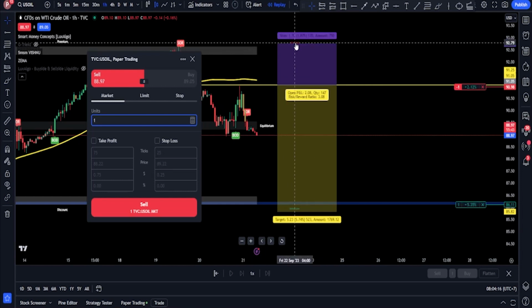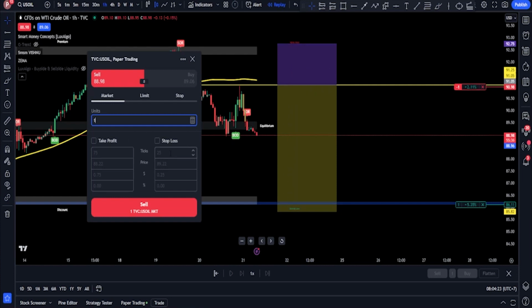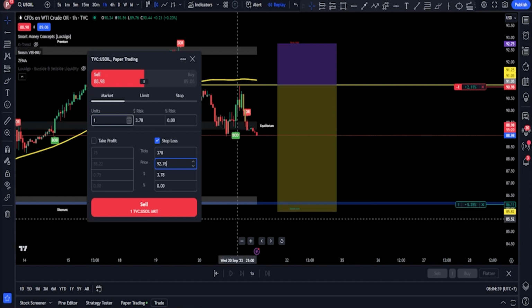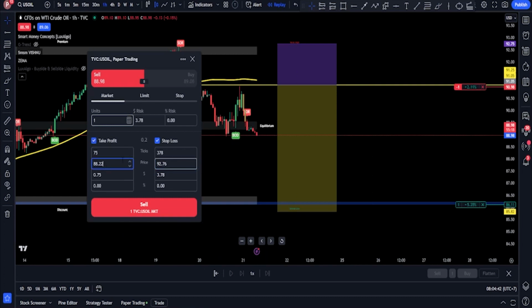So this level where my stop loss was at 92.76, I would literally put that right here. 92.76 would be my stop loss, and then my take profit would be what's listed down here, 85.80. 85.80 would be my take profit.